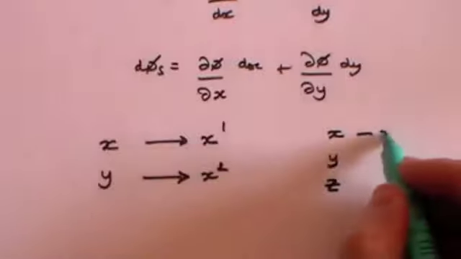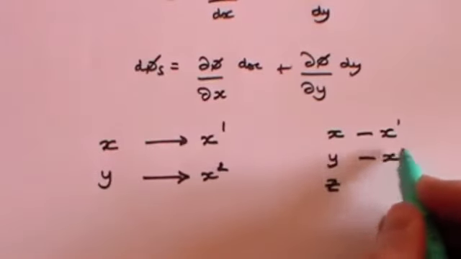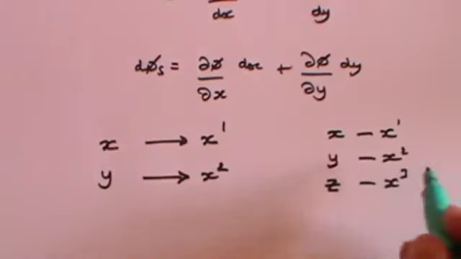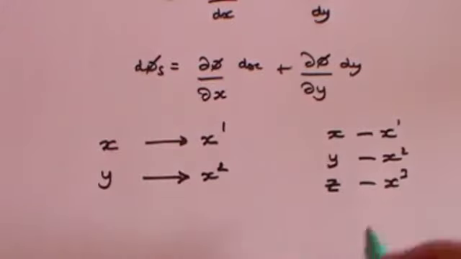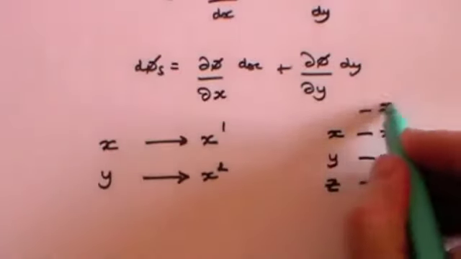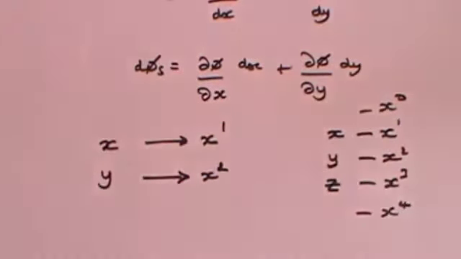Whereas if I relabel these x1, x2 and x3, if I need another coordinate, it's a piece of cake. It's x4. Indeed, I can even have an x0, which I will actually use for a time coordinate. But if I need further dimensions of space, I can have x4, x5, x6, and so on.